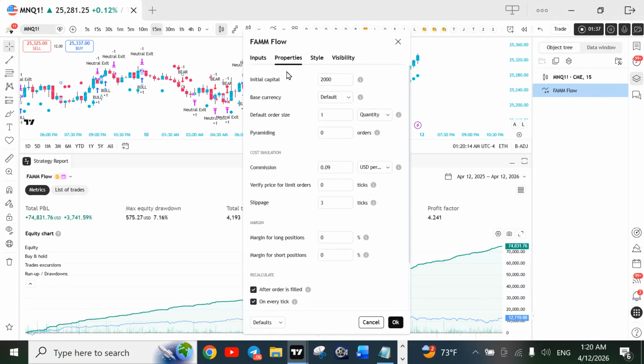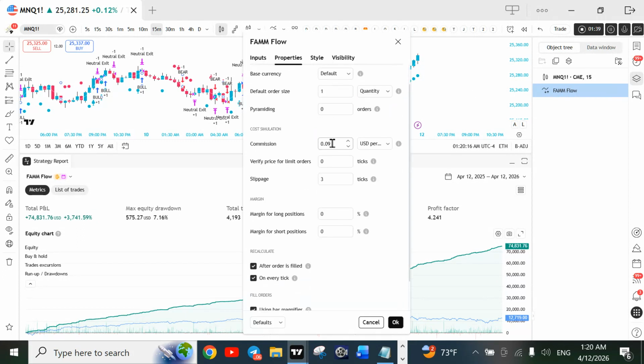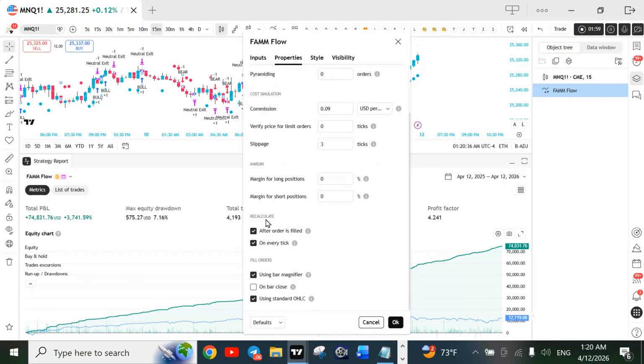And the rest of the properties, I had real commission. This doesn't matter when you're actually having it run, but in back testing, this makes a difference. So this is the real commission of MNQ, right? Slippage, I stress tested a bit, so that's going to be even better. And make sure these are on 0%.